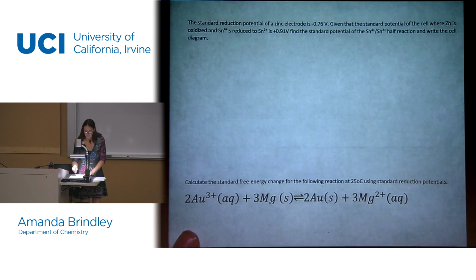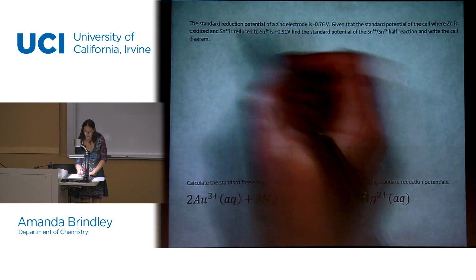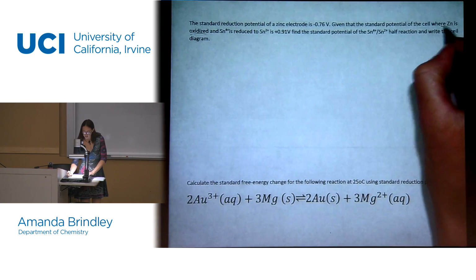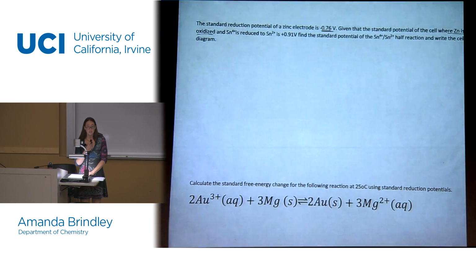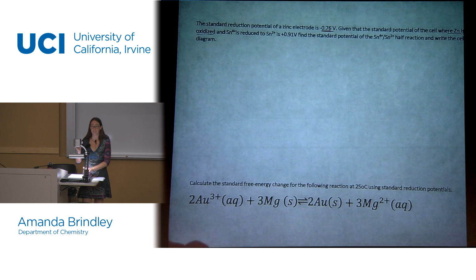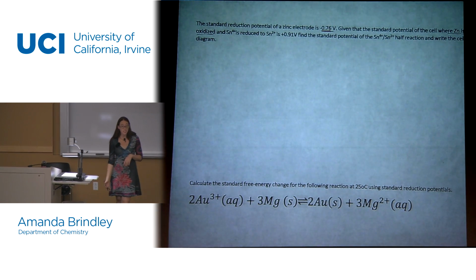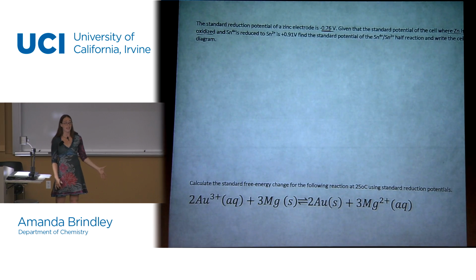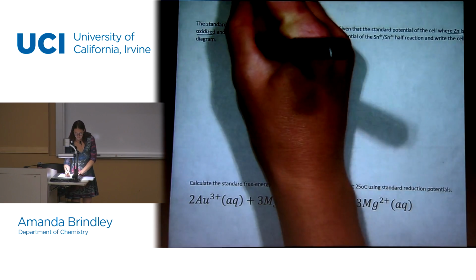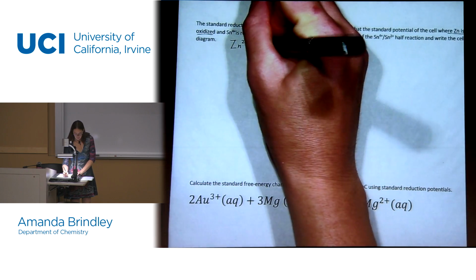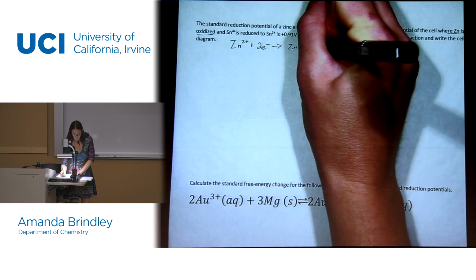All right. So I tell you that zinc is oxidized, which means that that's our reduction potential, right? So we need to be careful depending on how you want to think about it. Either tin's going to be, or zinc is going to be the one that's subtracted, or zinc is going to be the one that flips signs, whichever you want to think about it. So this is our reduction version.